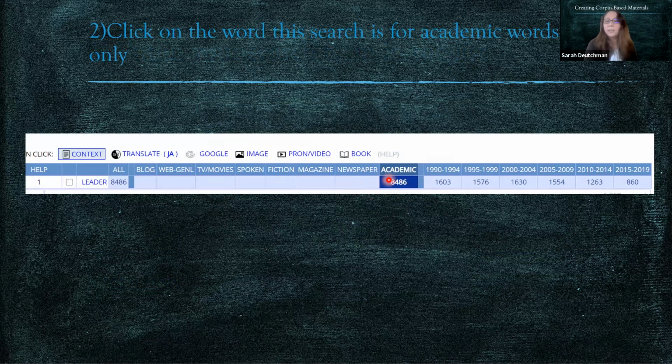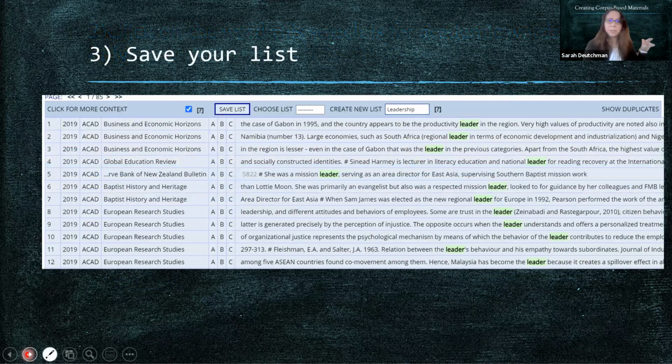I chose academic words only because I teach academic writing, right? Click on that. And there are PDFs all over the website that help you do this. And I'm sure there are some videos out there as well. After you do that, you check, you save your list, you name your list. I named it leadership because it's about leaders.